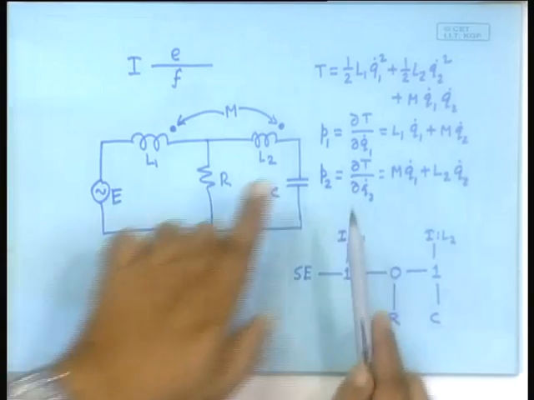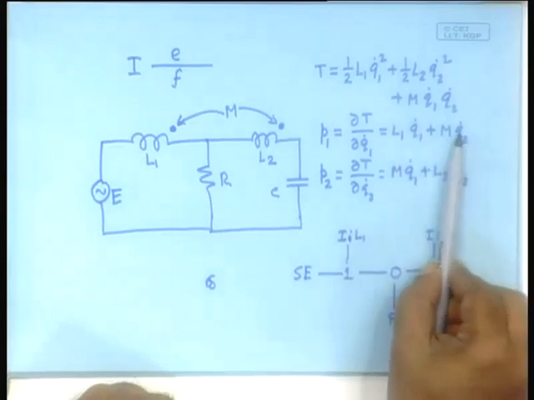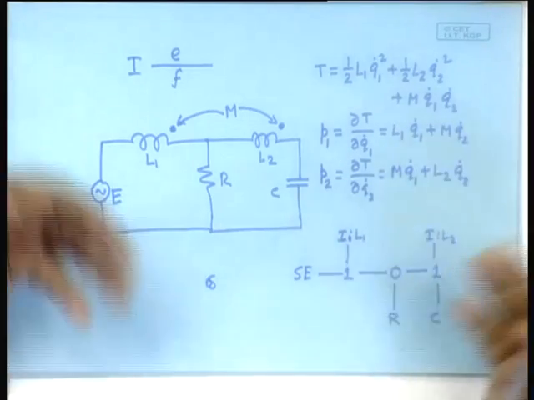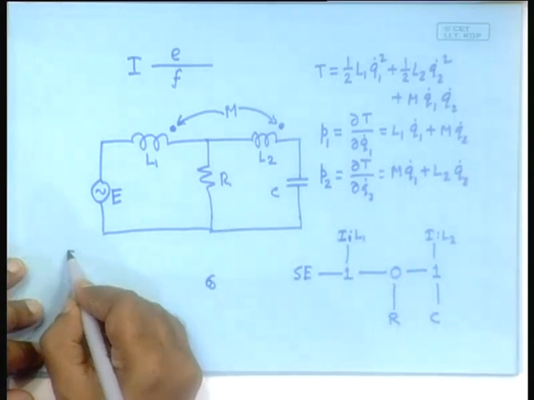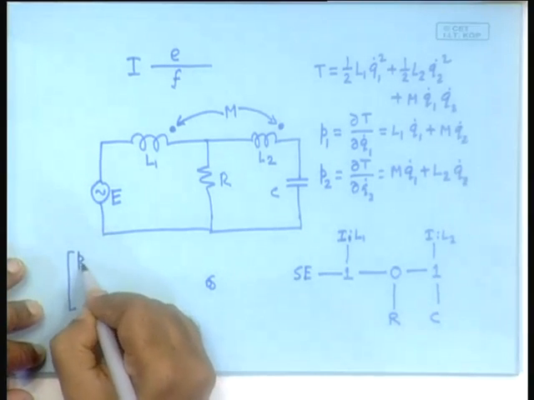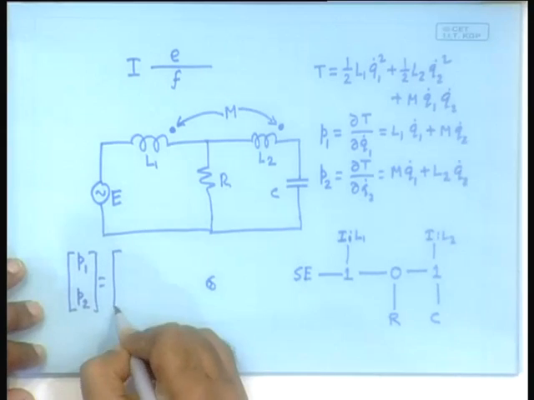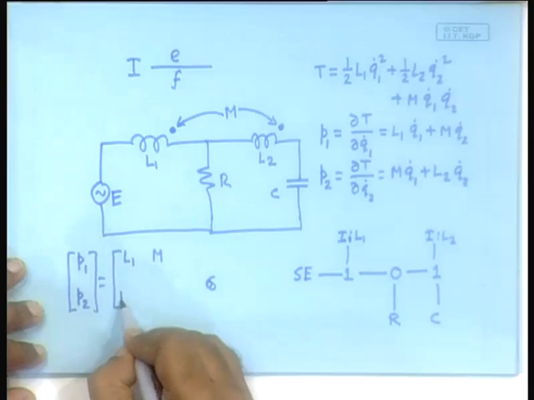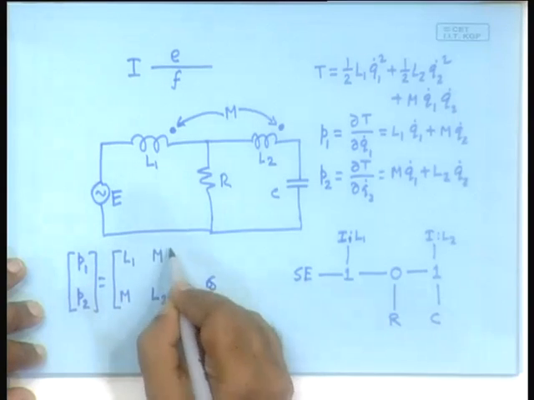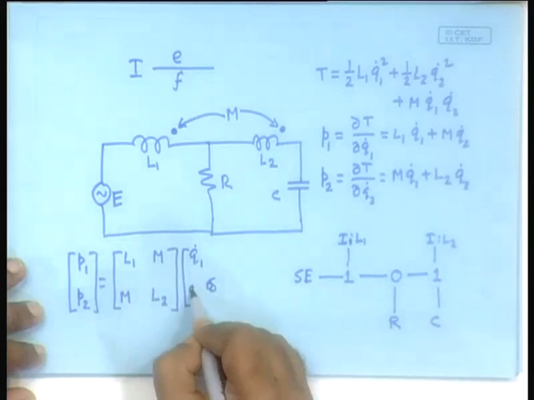So, how are the momenta and the flows related? You would notice that you can write a matrix equation: P1, P2 is equal to the matrix L1, M, M, L2 times Q1 dot, Q2 dot.